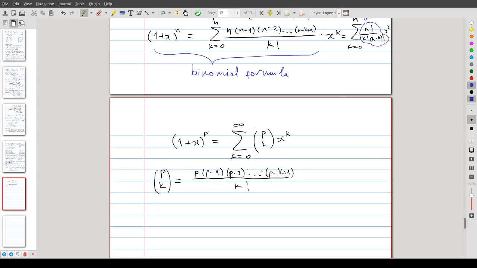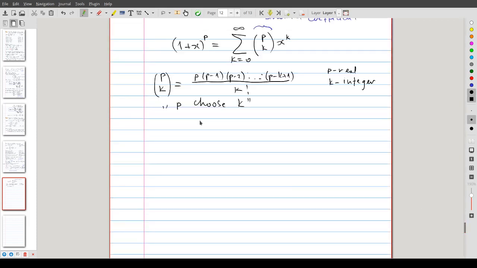So this here is this generalized binomial coefficient. p can be any real number, and k is an integer. The way to read this is p choose k.